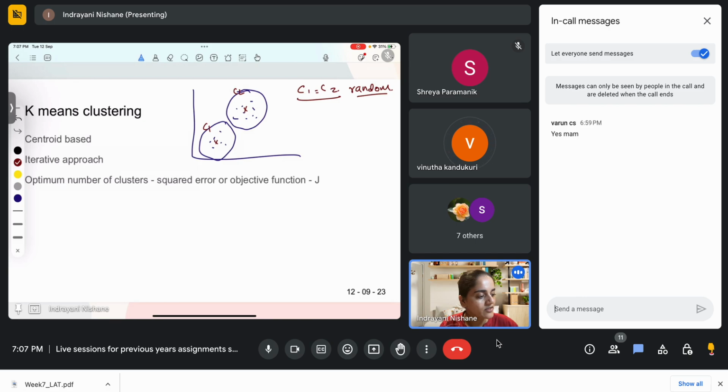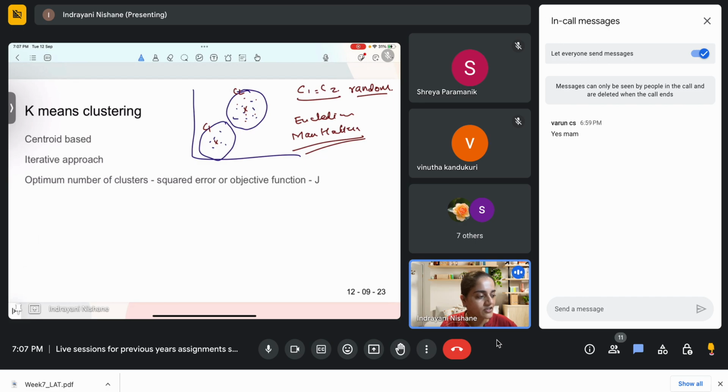Then what we do is, for all the data points, we calculate the distance. This distance formula we have to fix in the beginning, whether we are using Euclidean distance or Manhattan distance. These two are very common distance calculation metrics in statistics.